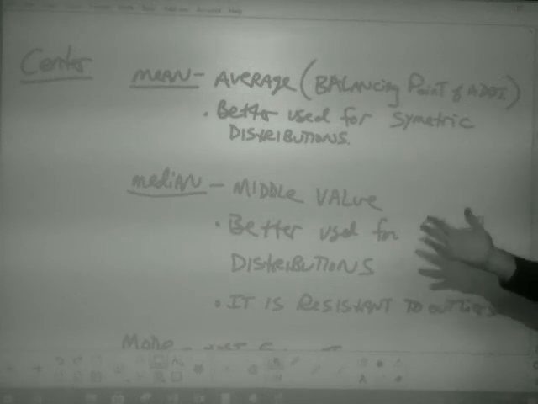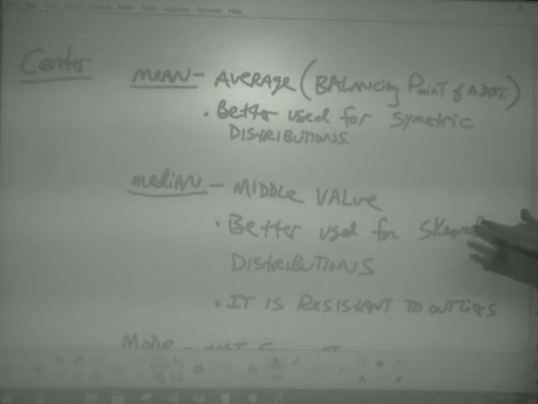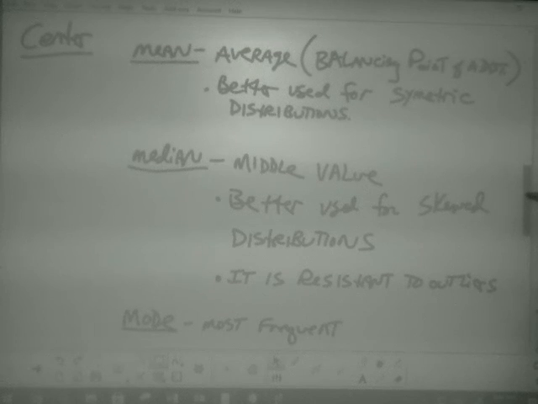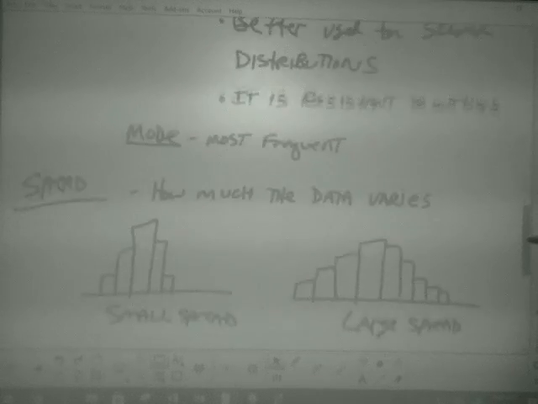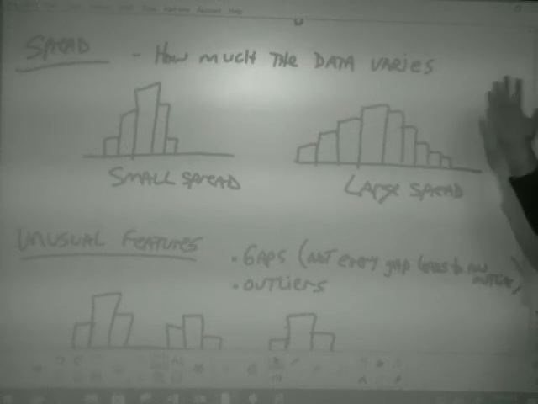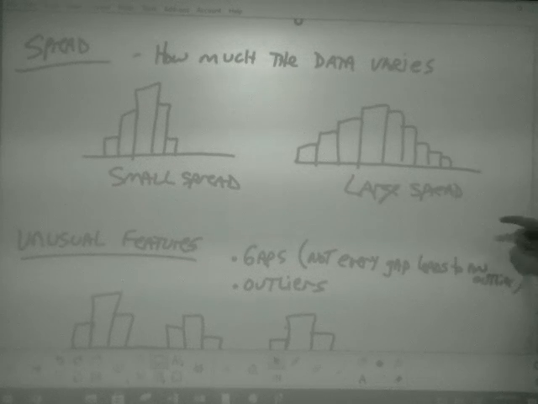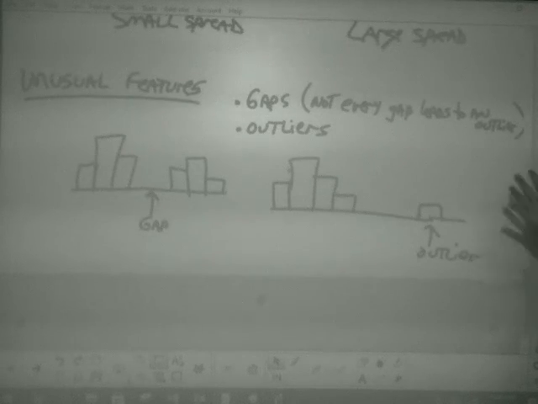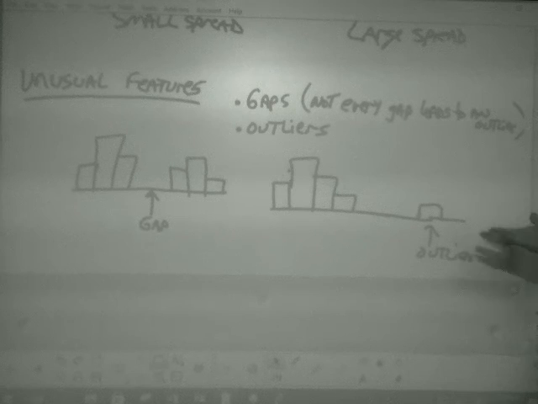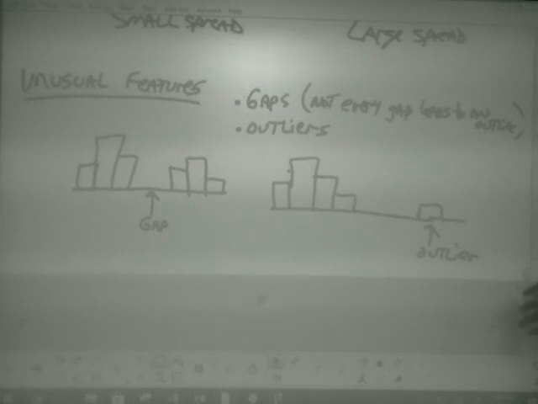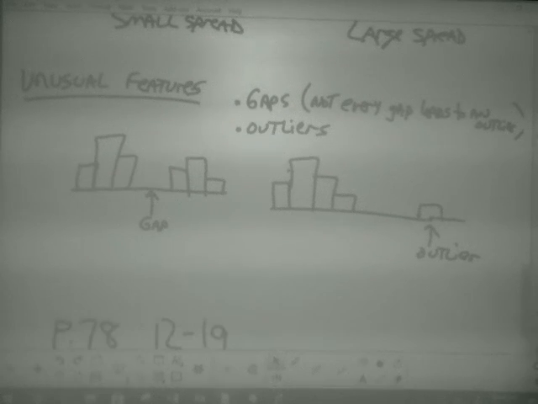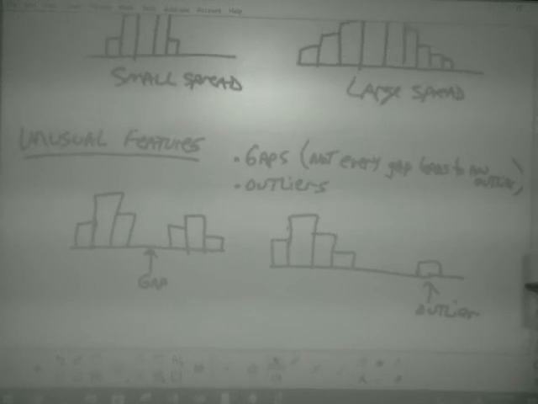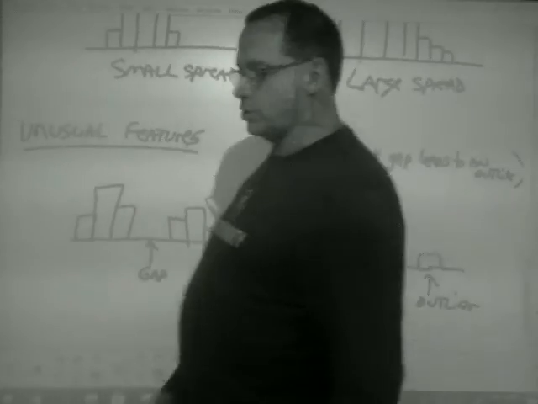I might not know the value, I might know an approximation from a histogram, but when I would use mean and median is also important to know. How much the data is spread out, small or large spread, and is there anything unusual about the data? Any unusual features? Are there any gaps? Are there any outliers? So that is describing data.